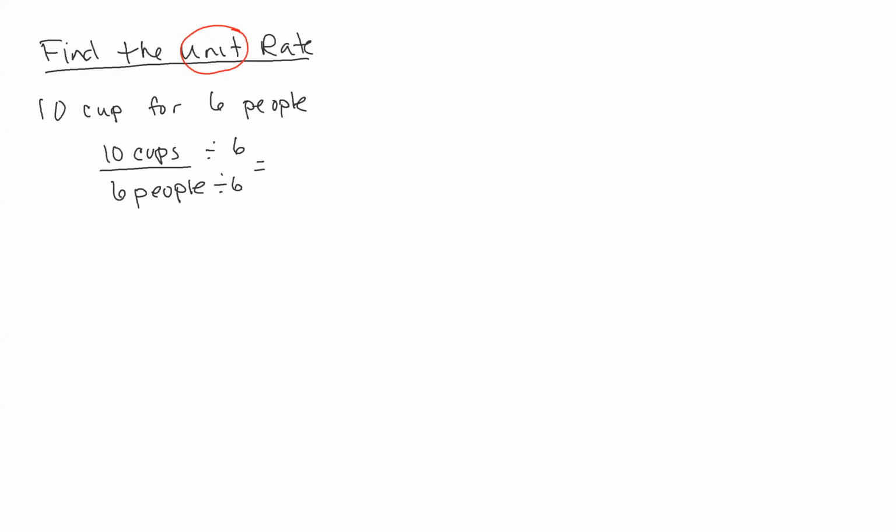All right, so 10 divided by 6 is 1.67, we'll say. I'm just going to round it to 1.7. So for every person, there's approximately, and I am going to make this an approximately equal sign so we know that we rounded, there's approximately 1.7 cups of coffee for each individual person.